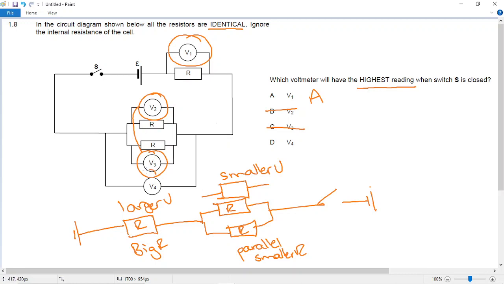And in actual fact, voltmeter 4 will be the same as voltmeter 2 and voltmeter 3. If you do your practical, you should know this. So those are all the same. The highest reading will be voltmeter 1. V2, V3, and V4 should all have the same reading. So the answer must be A.